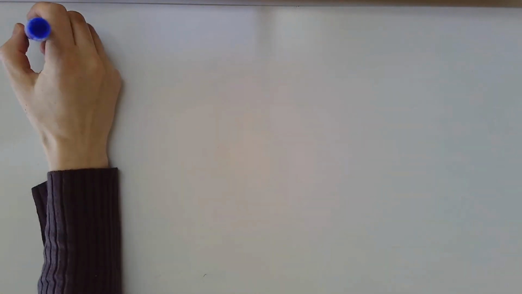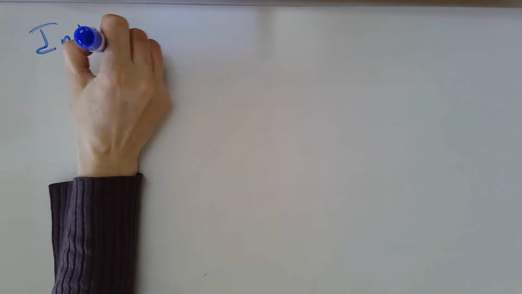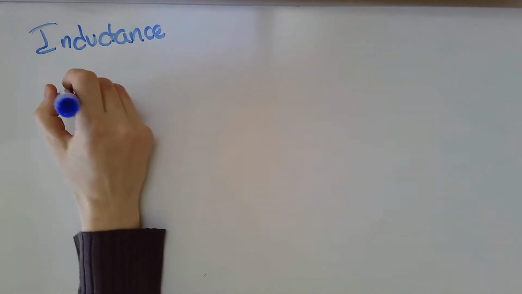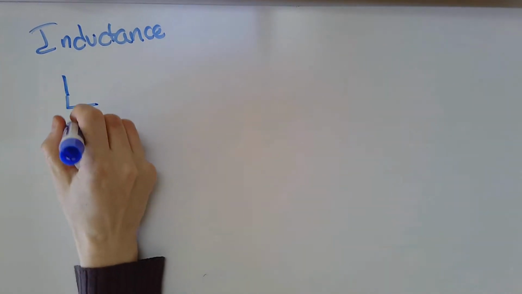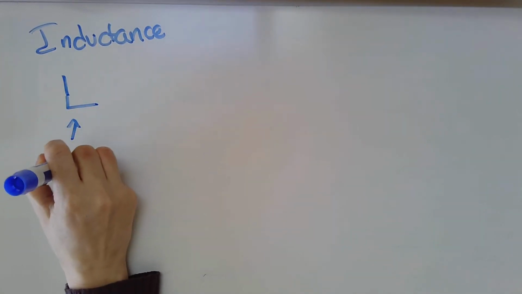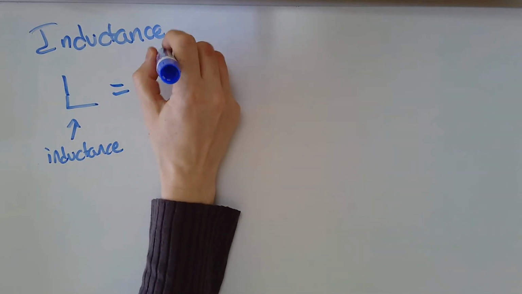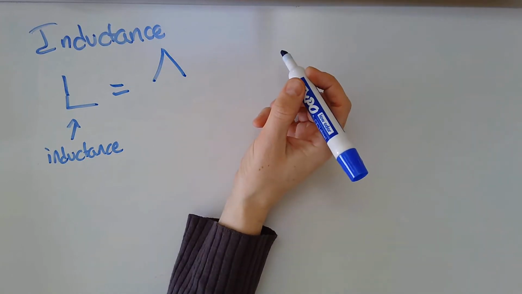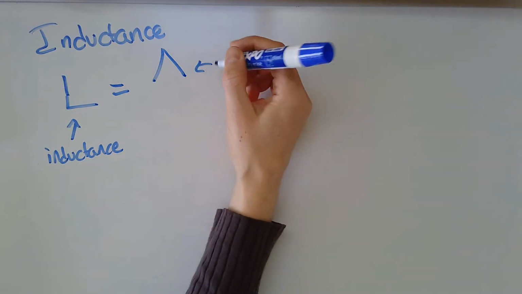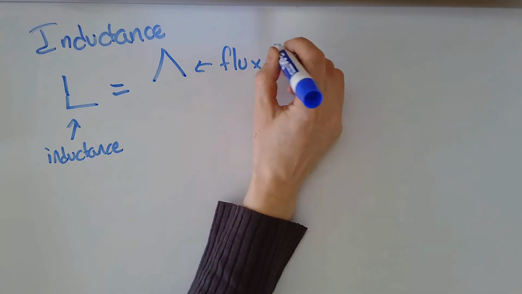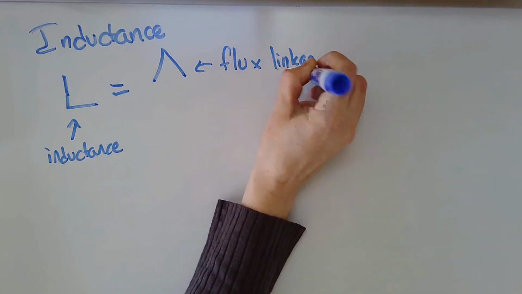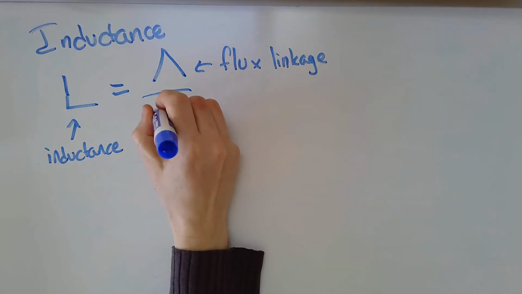The Ampere's law example with the coil sets us up really well now to talk about inductance. Inductance, L, is defined as equal to this new variable called the flux linkage divided by the current.